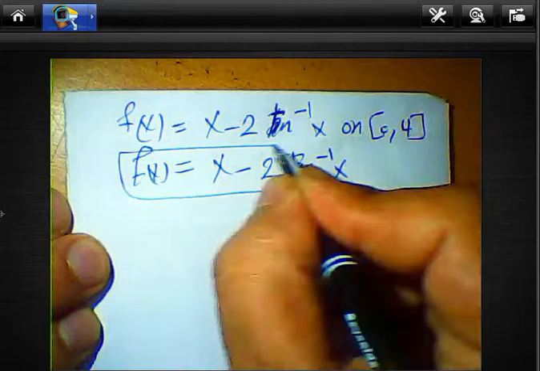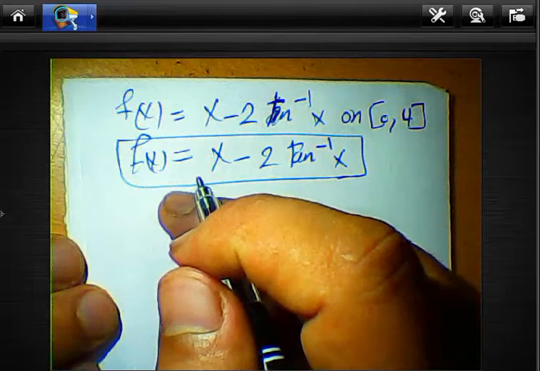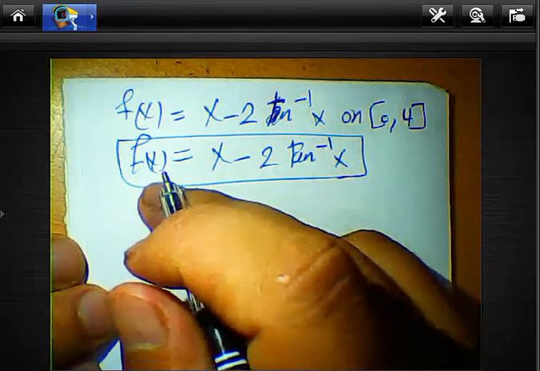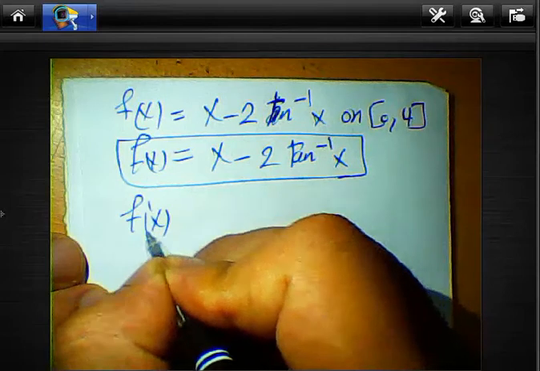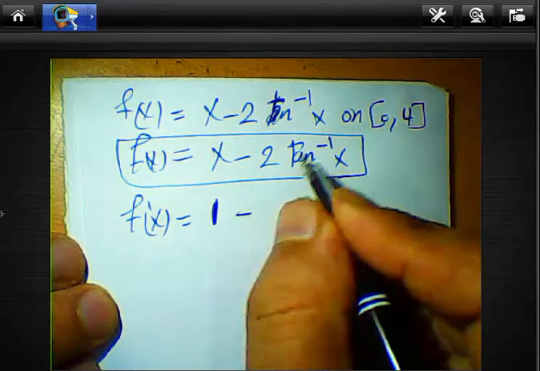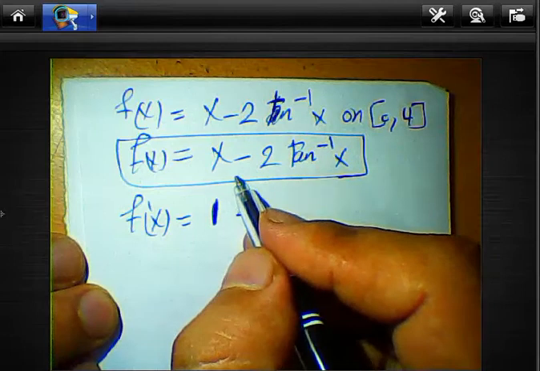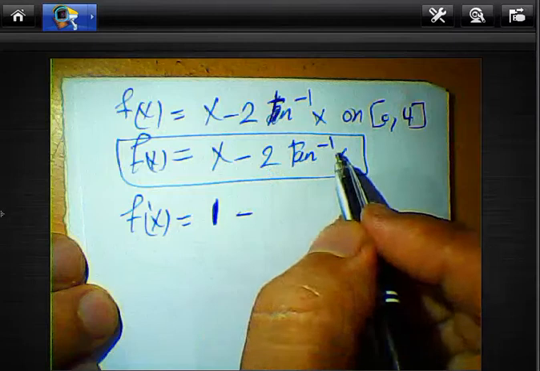It's a function. To find the critical number, we must find the derivative of this function. Okay, f dash of x equals, the derivative of x will be 1. We can drop this power, the result will be 2, and then the derivative of this function.